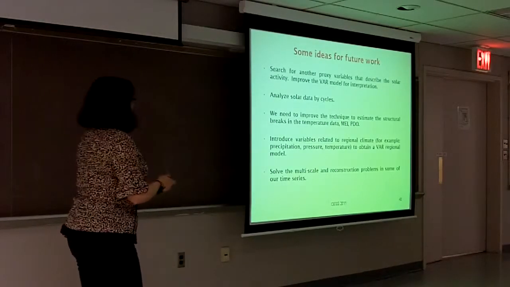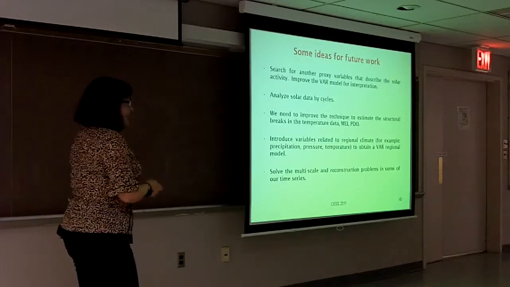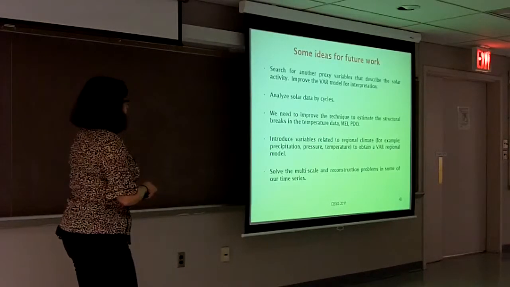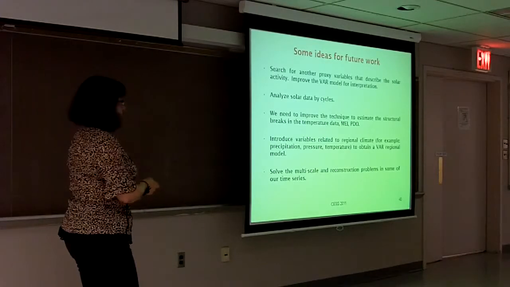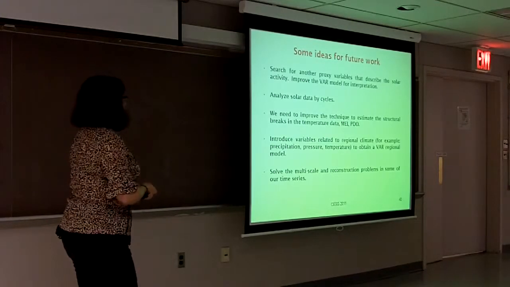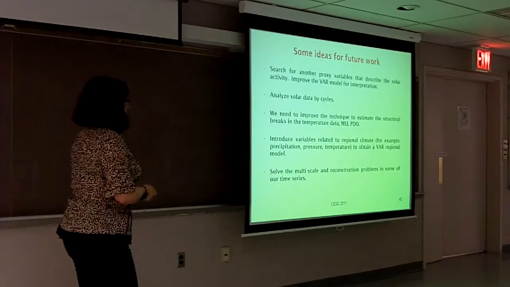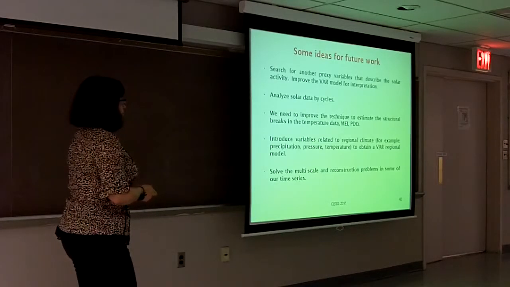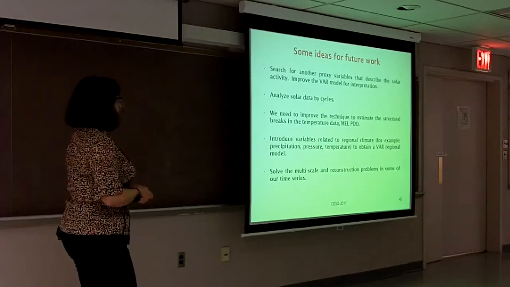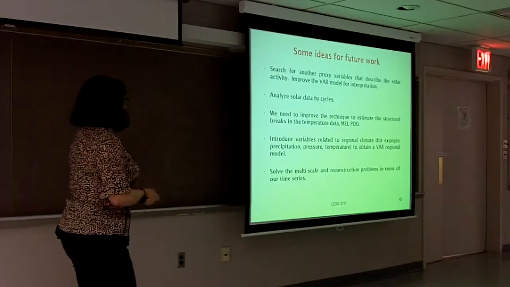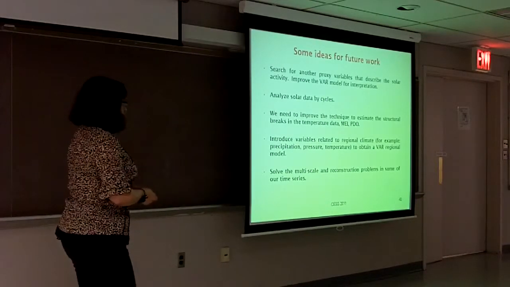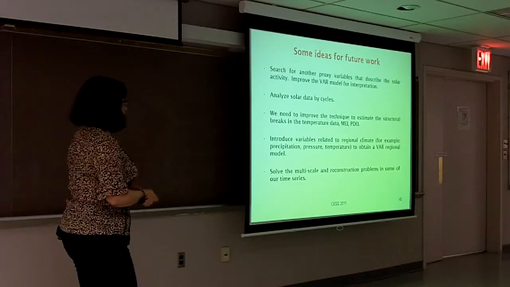And we need to improve the technique to estimate the structural breaks in the temperature data, the May and the PDO, because those points are really important. And because of that, we need to introduce variables related to regional climate in order to obtain a Barr regional model instead of a global one. And we need to solve the multi-scale and reconstruction problems in some of our time series.